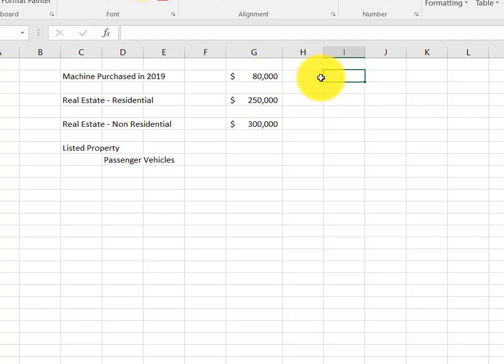So if you decided to take $40,000 as Section 179 for this asset, that would give you a $40,000 deduction, and then you would have the remaining amount.